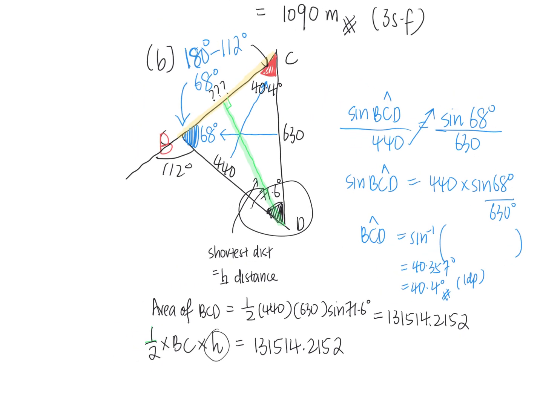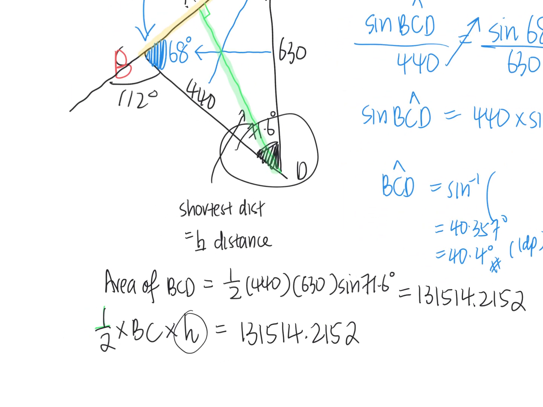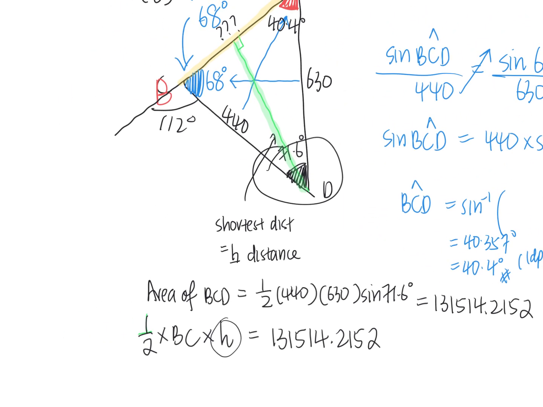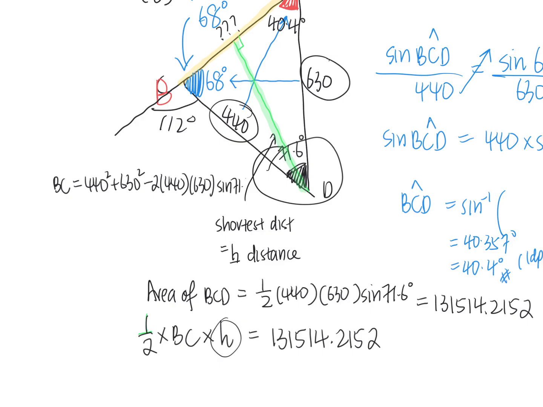BC over sine 71.6, sine rule. You can use sine rule or you can use cosine rule. I always like cosine rule because it's easy. So I will do 440 square plus 630 square minus 2 times 440 times 630 times cosine of the angle in between. So this will help me find BC. I put it in, then I can find H.